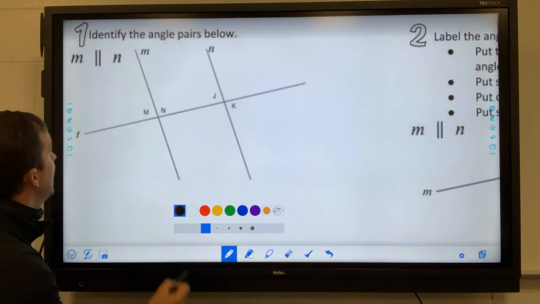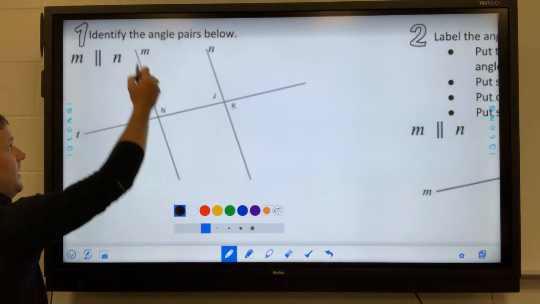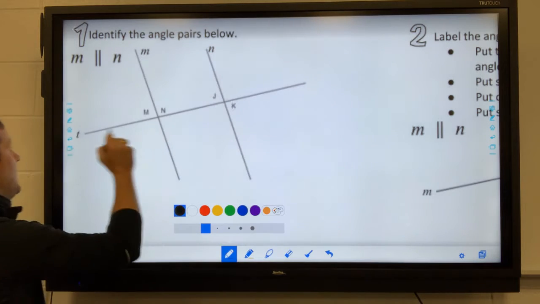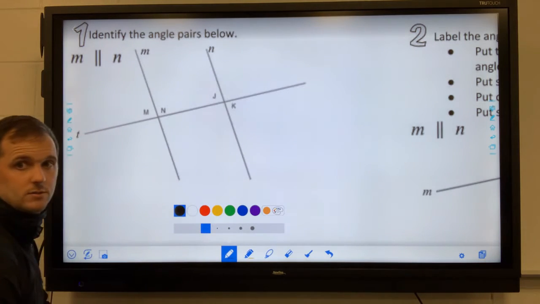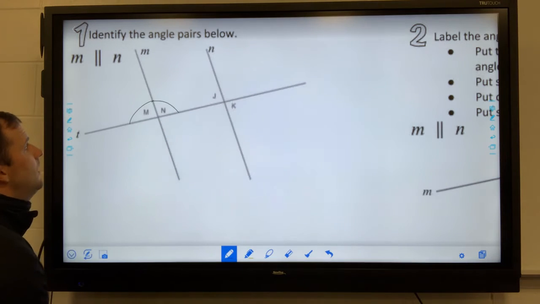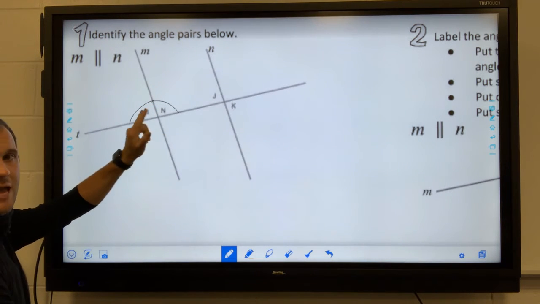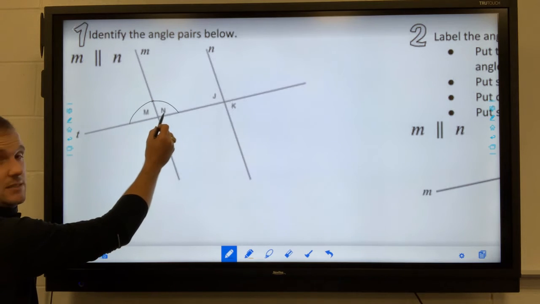Right now, it looks like I have M and N here. Again, I have my two parallel lines, M and N, and then I have my transversal T going through those. Angle M and angle N are on the same side, but they're not both interior or exterior. This is an exterior angle and this is an interior angle.